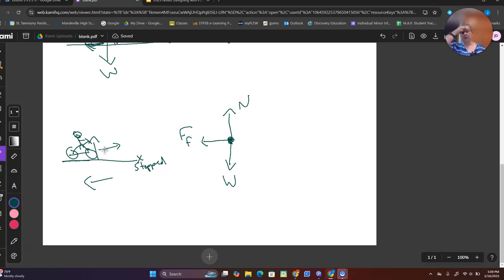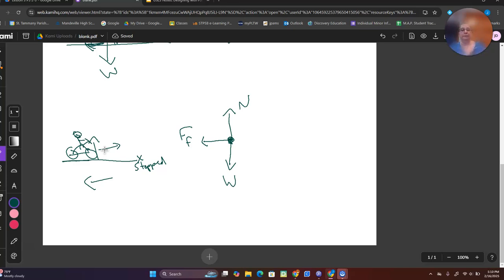So we have our vertical situation, our forces are balanced. Our horizontal situation, our forces are unbalanced, and this friction force acting in the opposite direction of the forward momentum of the motorcycle is causing the motorcycle to slow down and then stop.